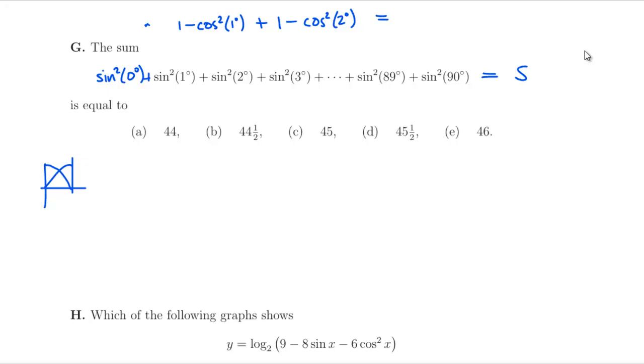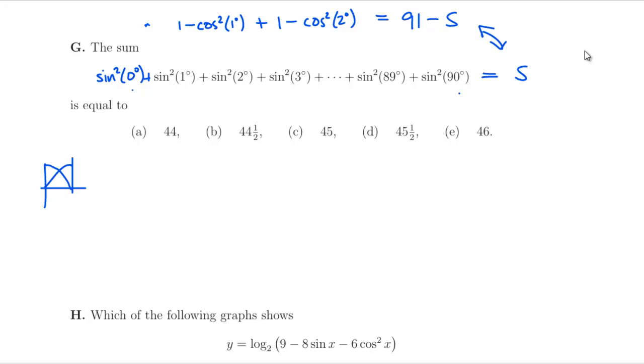We're adding up. How many are we adding up here? We're going from 0 up to 90. So we've got 91 ones minus the same sum. And that's got to be the same thing. I think I'm saying these things are the same.